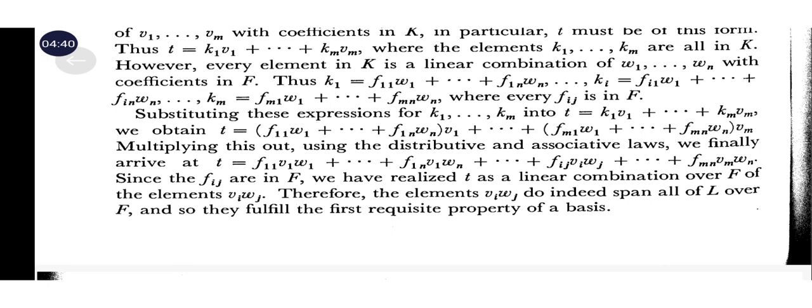Multiplying this out using the distributive and associative laws, we get T equal to F11 V1 W1, F1n V1 Wn and so on Fij Vi Wj plus and so on Fmn Vm Wn. Since the Fij are in F, we get T as a linear combination over F of the elements Vi Wj. Therefore, the elements Vi Wj will span all L over F, and so they fulfill the theorem.